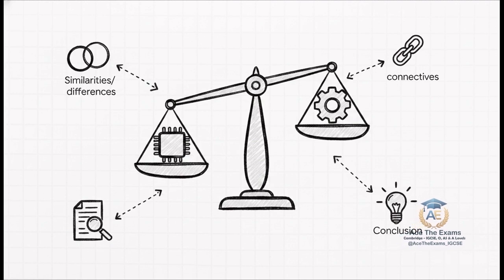Words like whereas, conversely, similarly, or on the other hand are literal signals to the examiner that you are analyzing, not just describing. Third, support each comparison with hard evidence from the scenario text. And finally, draw a firm conclusion about their relative importance. Which system is actually better for this specific scenario, and why? Without that final justified recommendation, your comparative analysis is completely unfinished.